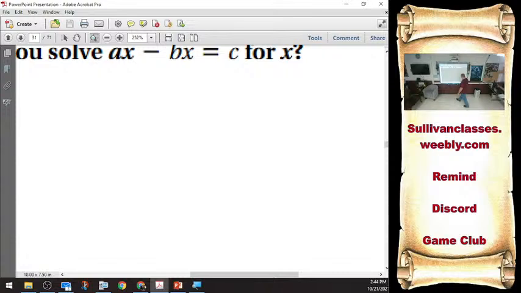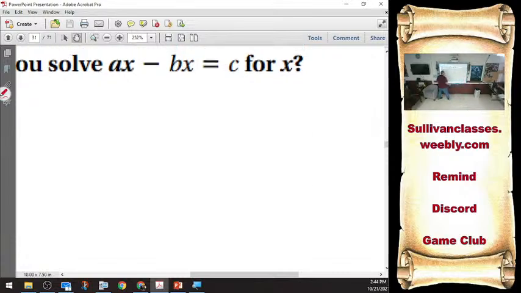If I want x all by itself, right now, do you see like terms? Yeah. There is. They're ugly like terms, but they are like terms. Like if this was 6x minus 3x, you would be able to put those together, right? What would it be? What you did was 6 minus 3 x's. You just did it on the fly in your head.